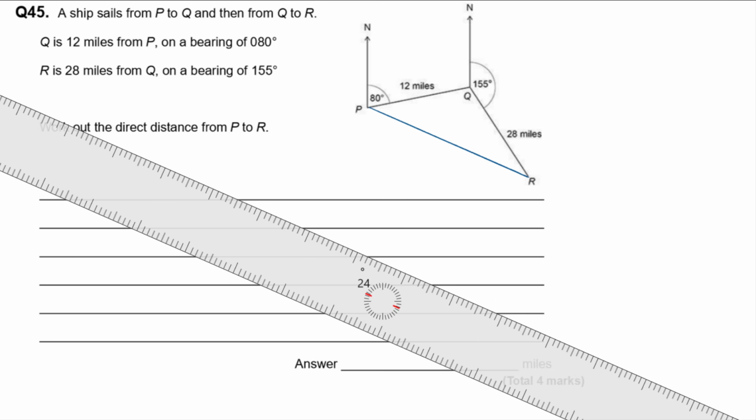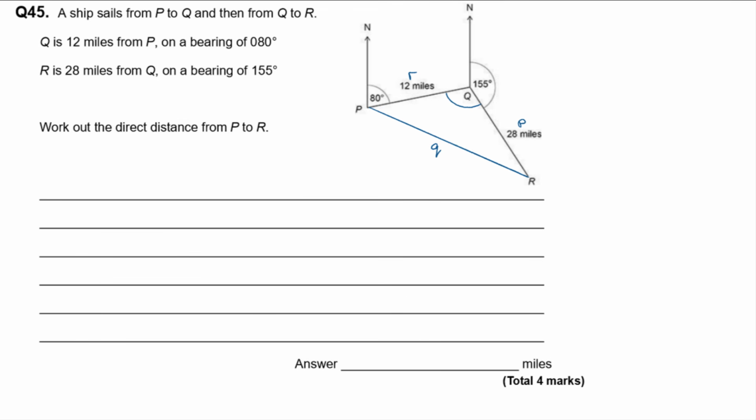Okay, so we need to find angle Q first, and then we should be able to find that side Q there quite easily. I'm going to call this one up here R, and then this one P, because they're opposite the vertices P and R, and that's how we label these things. Now, what is that angle there at Q? I really need that one if I'm going to use the cosine rule. Well, I've got a pair of parallel lines here. These lines are both pointing north, and I've got a line crossing them going up here.